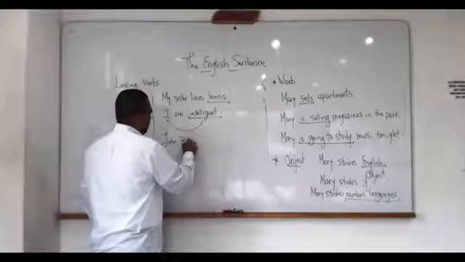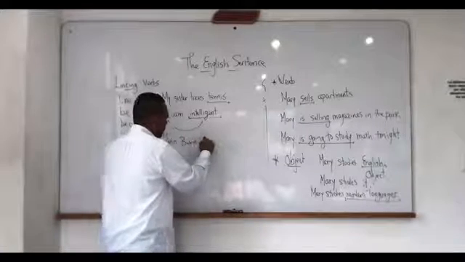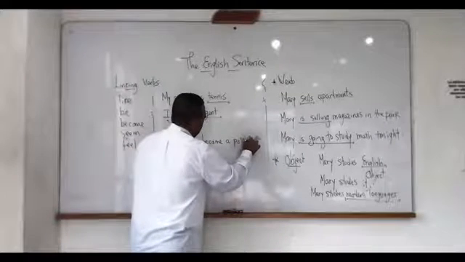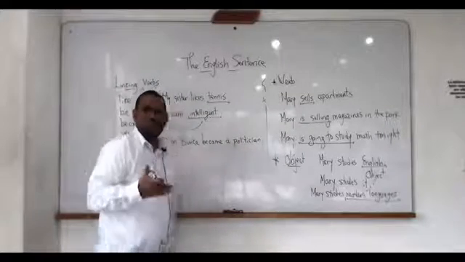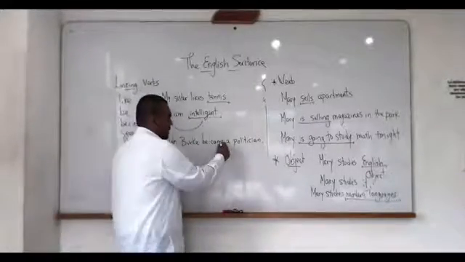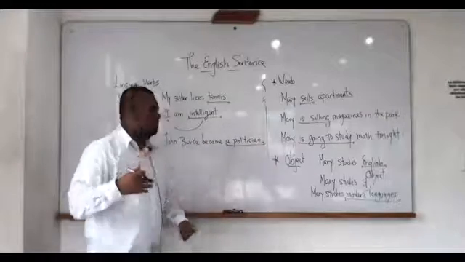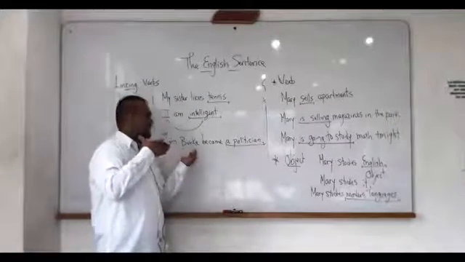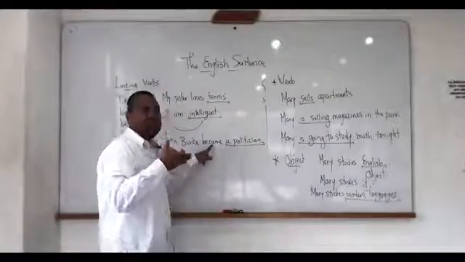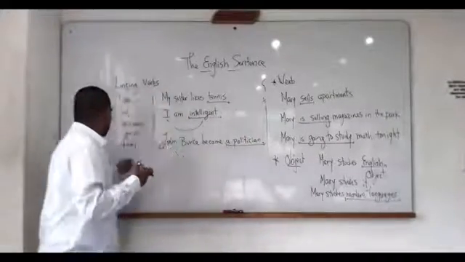And let's say, for example, John Burke became a politician. John Burke became a politician. This information, a politician, is linked to John Burke and is the attribute. And it's a complement taking into account that this is a linking verb.